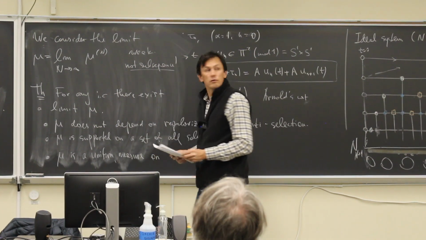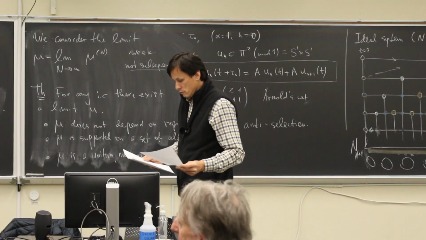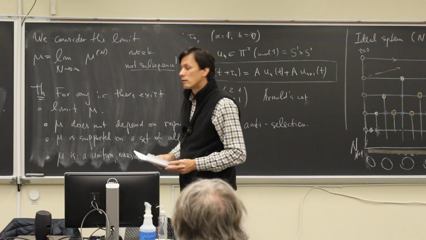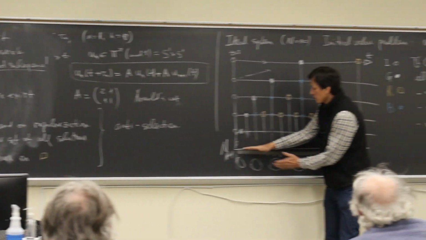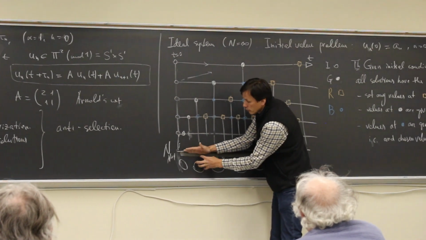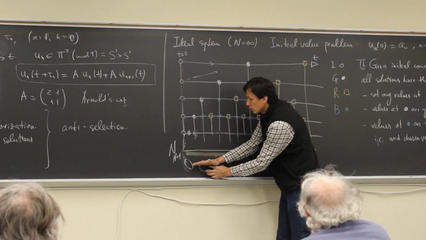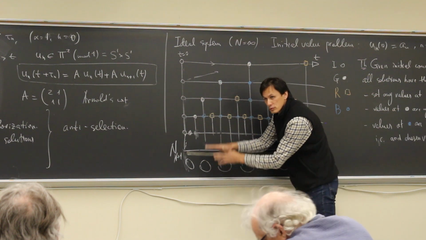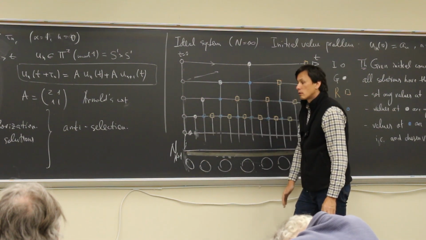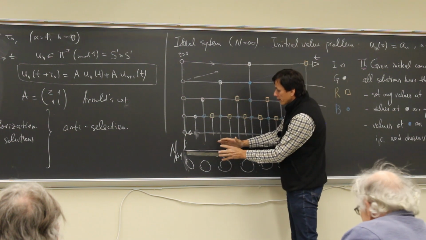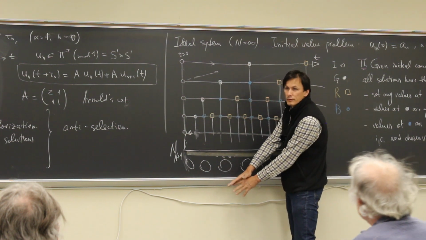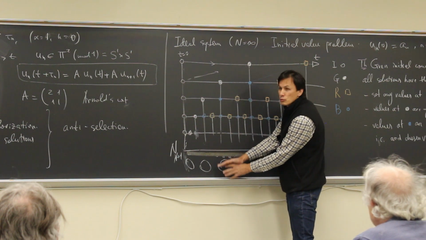Could you modify it, just to make sure that the limit depends on the noise that you put in? The limit is on the scale at which I put the noise, and then I take it lower, and not in a subsequence. If you change the type of the noise, would the limit change? Whatever noise you put, it will be the same limit. I don't change it with n.